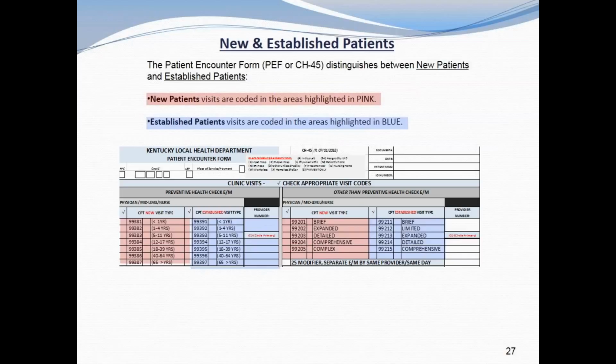Anyhow, you have your PEF, and on the left side you have your new patients, and that's going to be in the pink side of your preventives there, and also your problem visits, which are in the pink as well. And if it's in blue, then that's your established patients. So just something to know where things are.